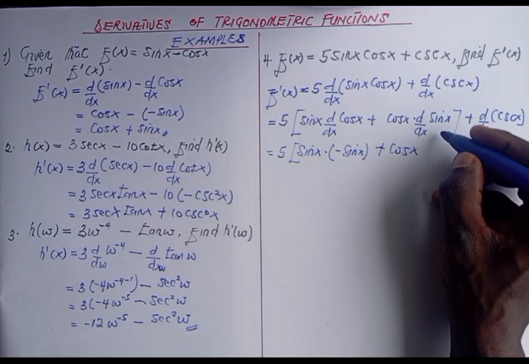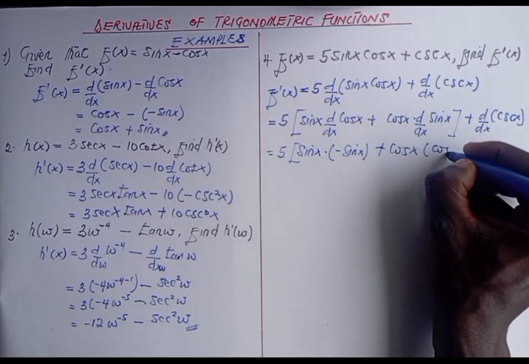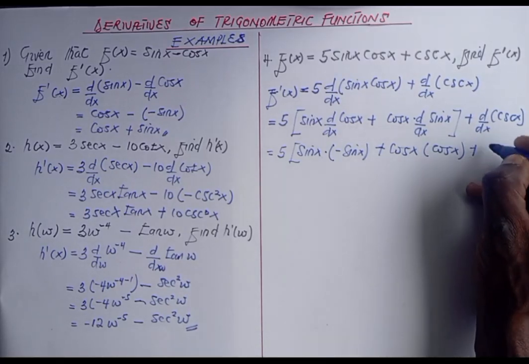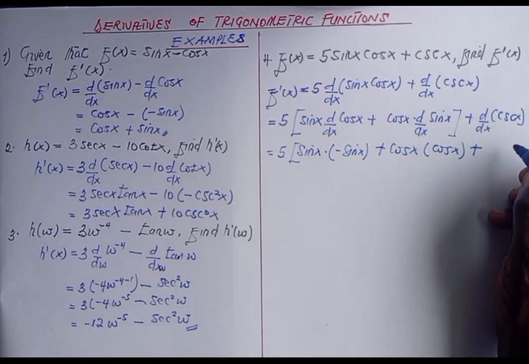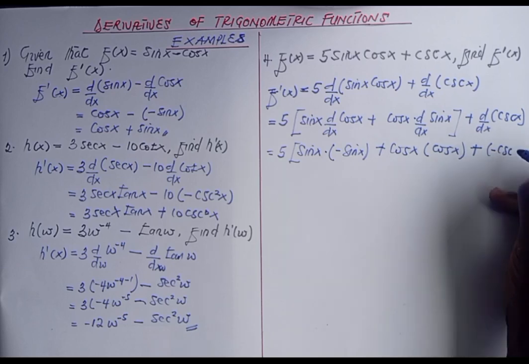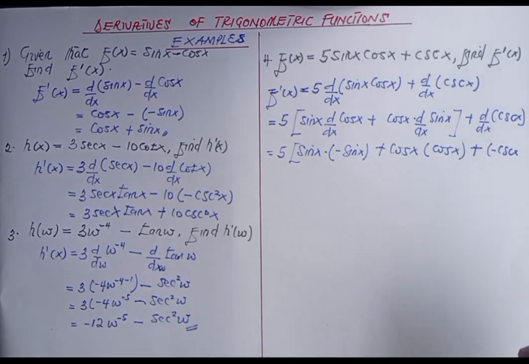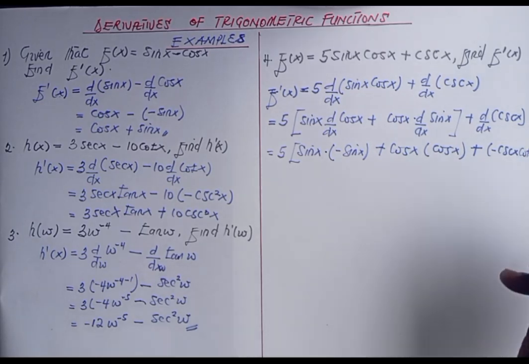Now when we differentiate sine, what do we get? We get cos of the angle x. When we differentiate cosec, I believe you remember, you are getting negative cosec x cot x. Good.